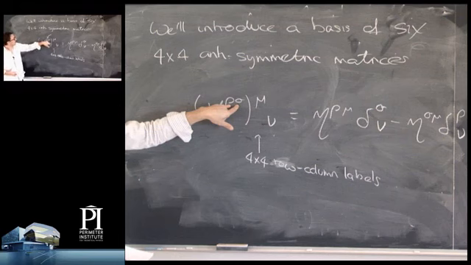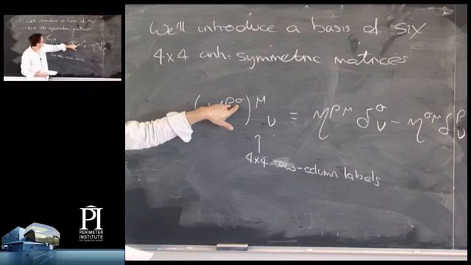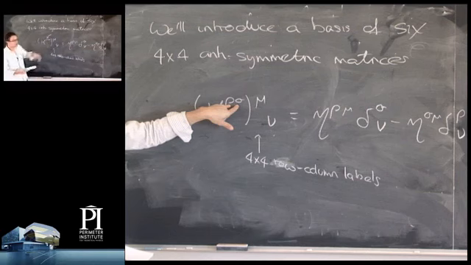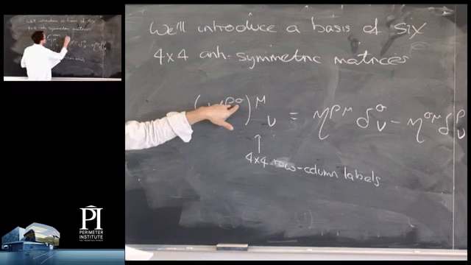But it's antisymmetric in rho and sigma, which you can see here: say rho is 1 and sigma is 2, I get a 1, 2, and a 2, 1. But that's exactly the same matrix up to a minus sign as 2, 1. Okay? So this labels which of the 6 matrices I'm interested in.